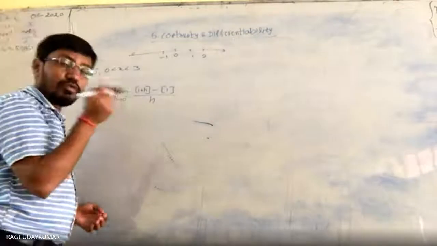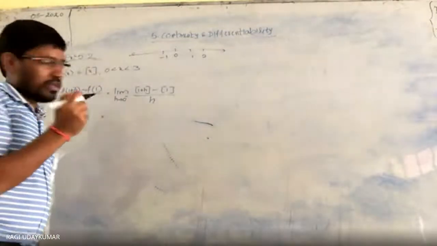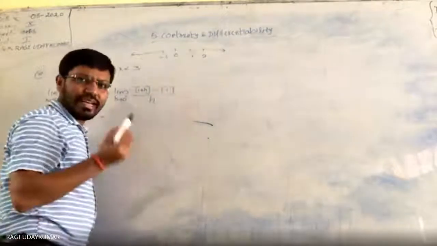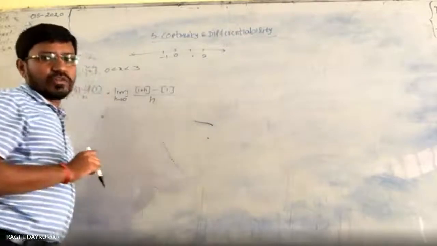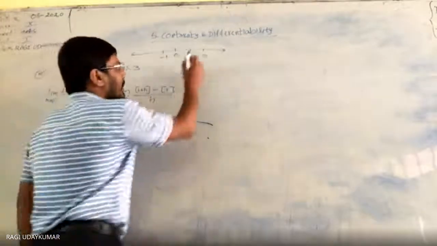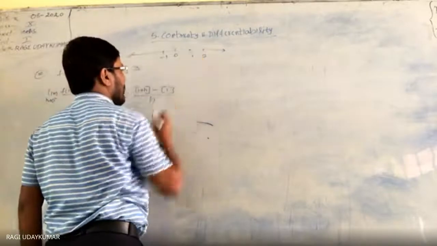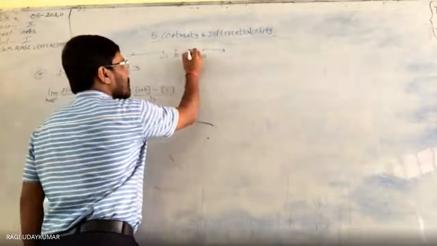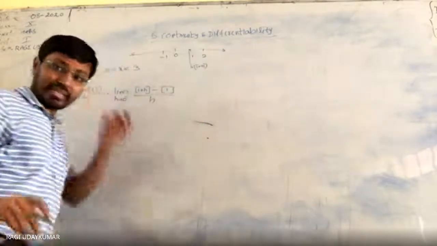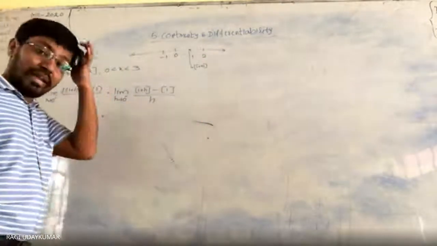Near to 0 but less than 0. That means a negative number. When you add a small negative number h to 1, you get a number that lies just below 1, here. This is the place where you have the greatest integer function of 1 plus h, as h tends to 0 minus.